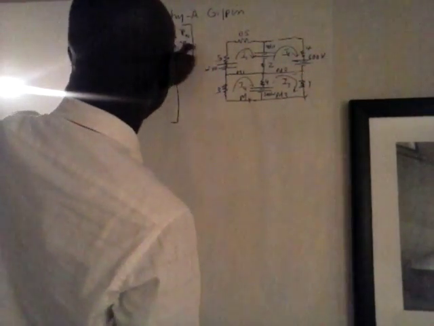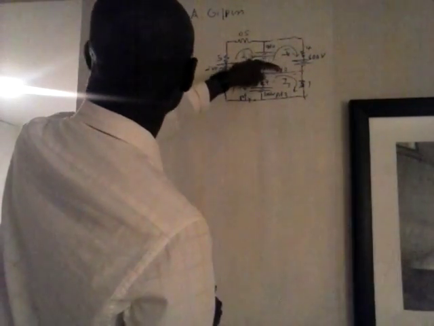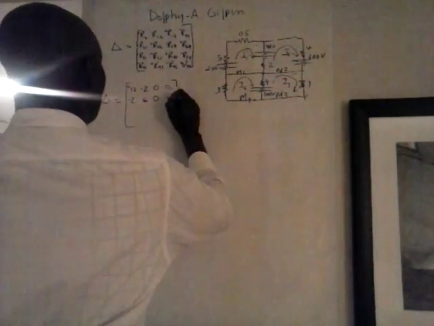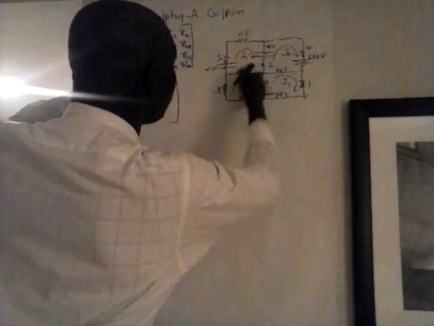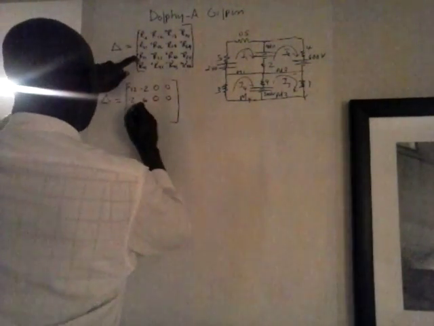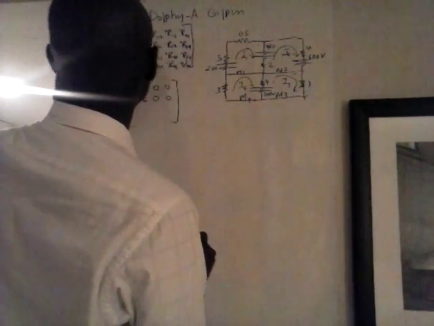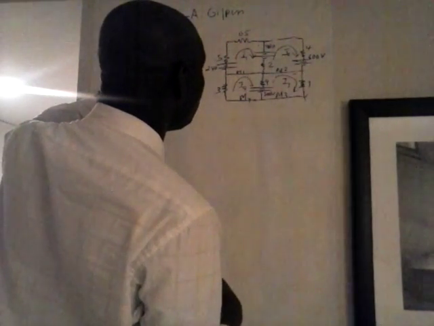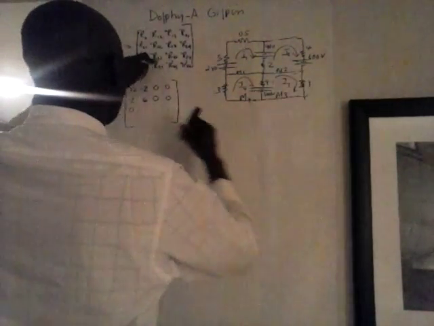And R24, 2 and 4, there's nothing common, so that takes on a 0. R31, 3 and 1, nothing common there, so that's 0. R32, 3 and 2, nothing is common here in terms of resistance, so that's also 0.